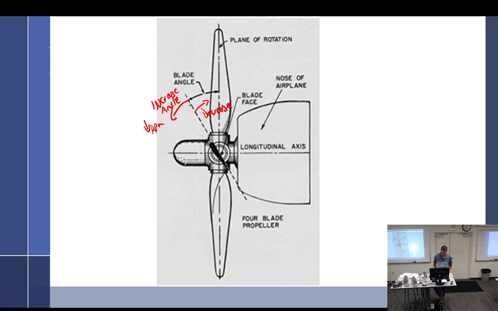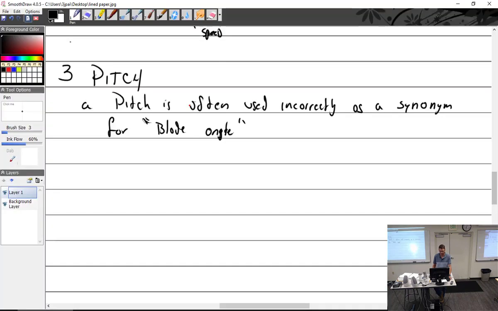And pitch is actually the distance the aircraft moves forward. Well, I'll show you that. So, blade angle, I'll write it again here, is the angle between the chord.